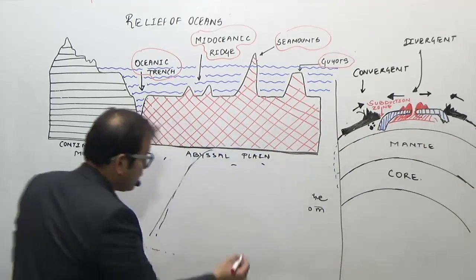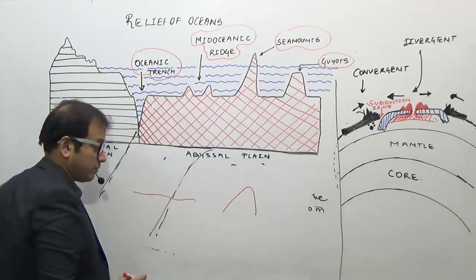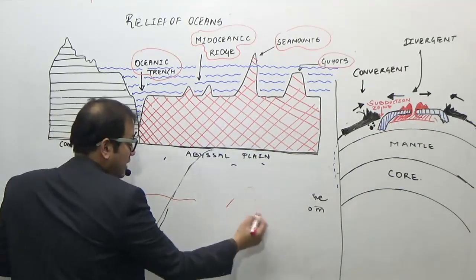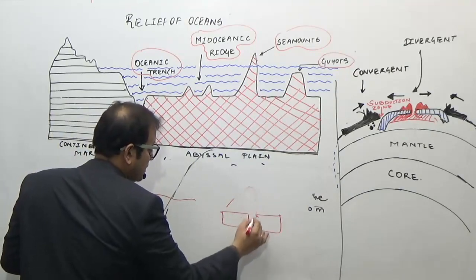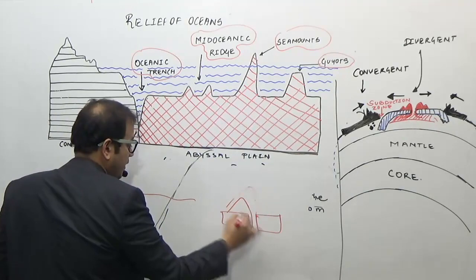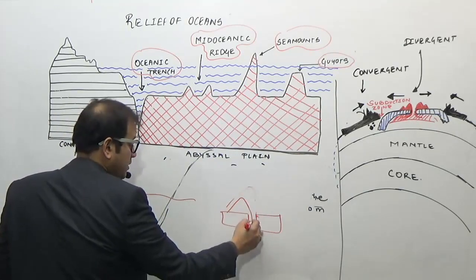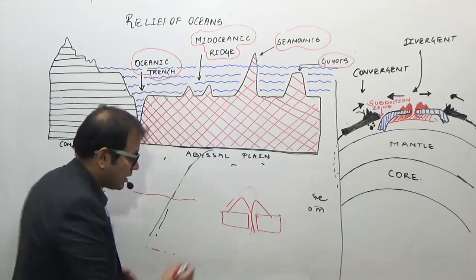Why does it form a conical structure? Why not a flat structure? Because as soon as the lava comes out from inside the earth, it comes in contact with water and gets solidified before flowing for a larger distance.